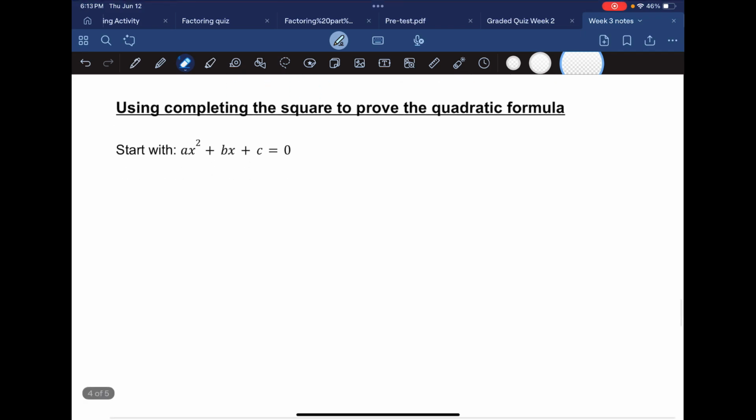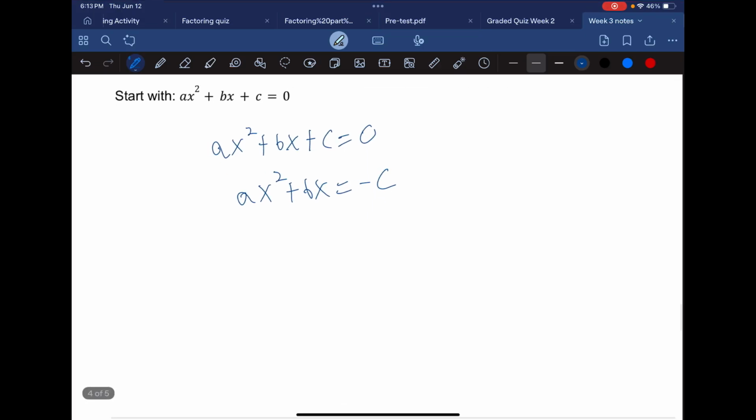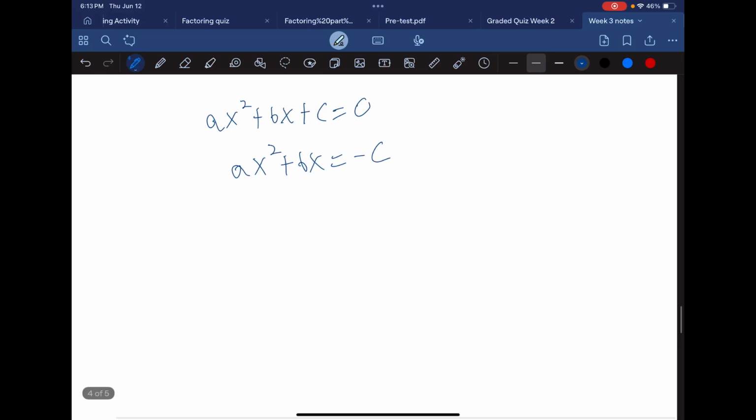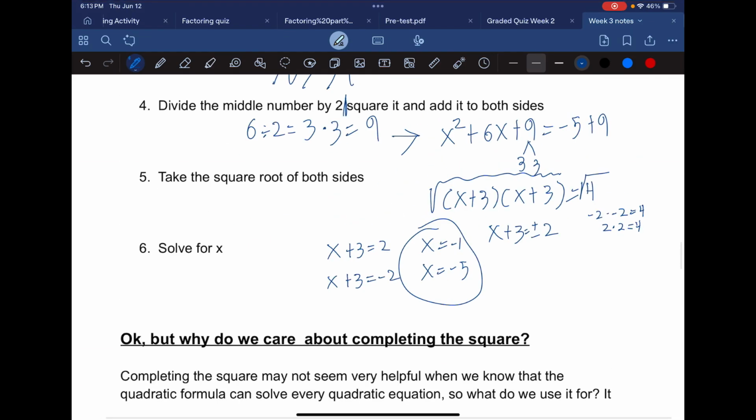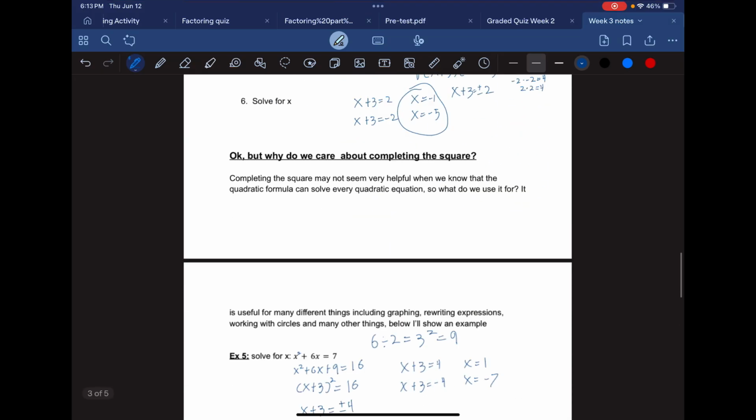Okay, so we have our ax squared plus bx plus c equals 0. We're starting by moving the constant to the right side, equals negative c. And then, like in our previous steps, we had to divide both sides by a, unless a equals 1, and a was 1 in both of those.